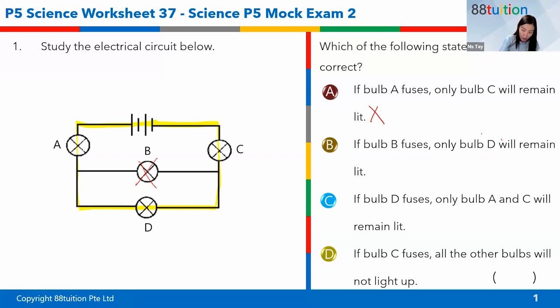So not only D, in fact, A and C also will remain lit. So if bulb D fuses, only A and C remain lit? Of course not. We know already if this fuses, A, B, and C will remain lit. So wrong and wrong. Let's check. If C fuses, all other bulbs will not light up. Yes, that's correct. We already ascertained this just now.